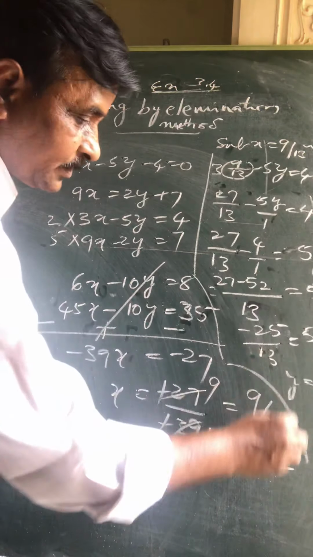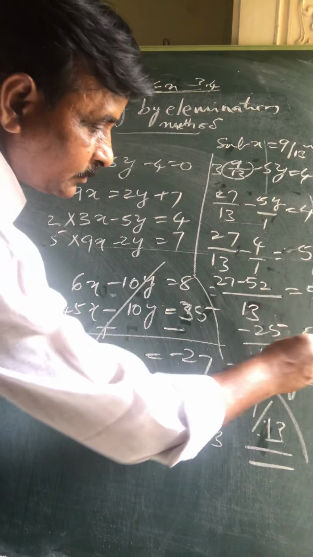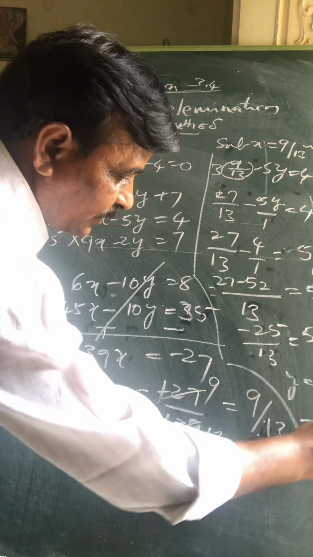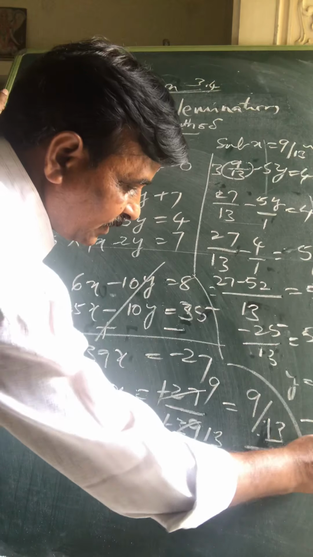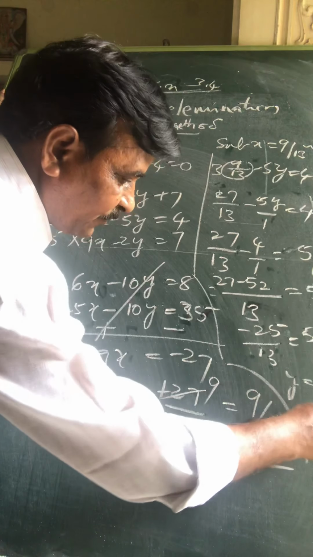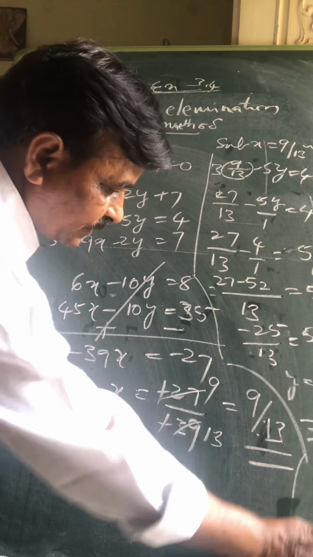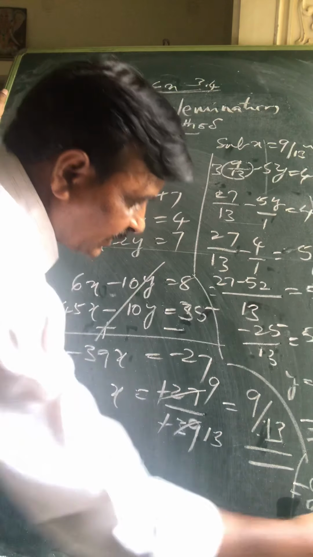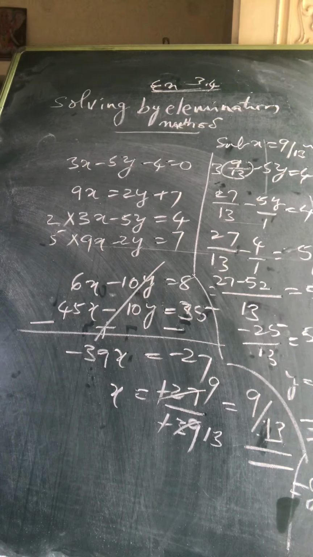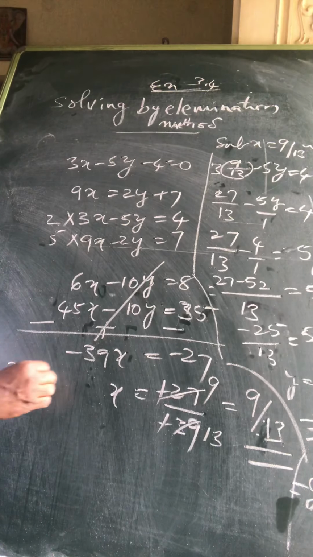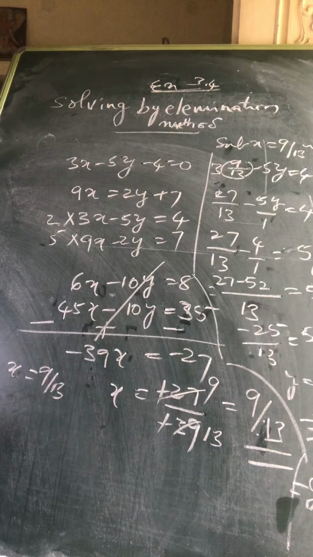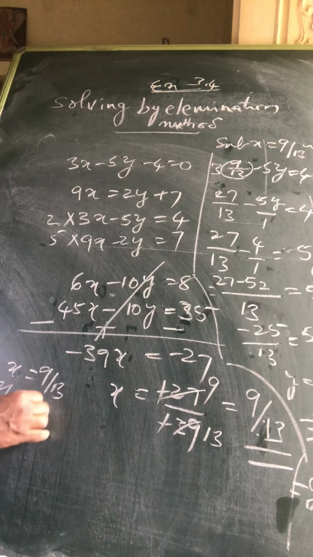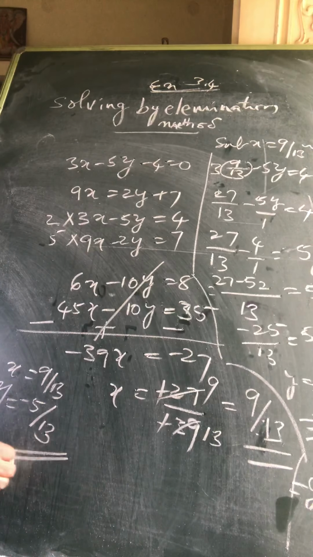Y is equal to minus 25 by 13 into 5. 5 1s are 5, 5 5s are 25, so y is equal to minus 5 by 13. Therefore, x is equal to 9 by 13 and y is equal to minus 5 by 13.